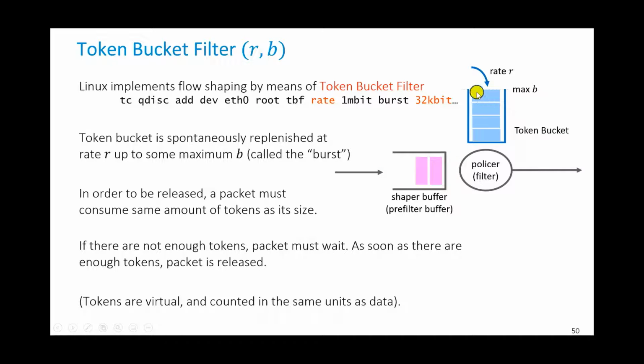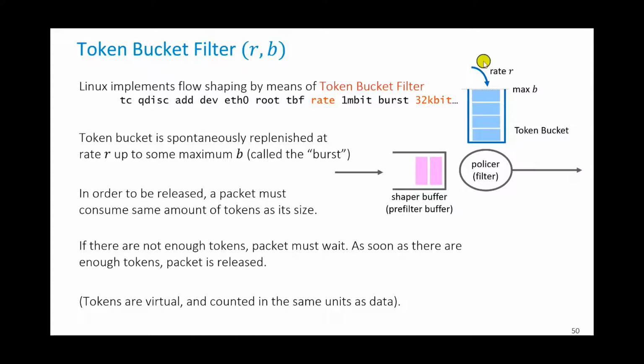Originally, the bucket is full here, and in order to be allowed, a packet that comes here in the buffer must consume an equivalent amount of tokens from the bucket. So if a packet arrives here, if the bucket is empty, then the packet has to wait until there is some token.